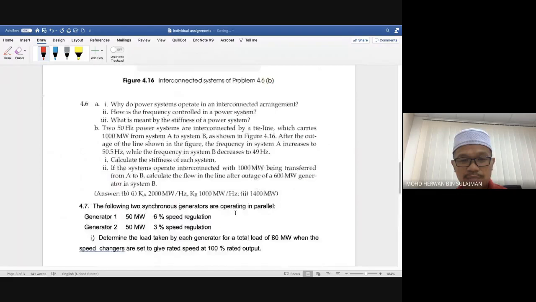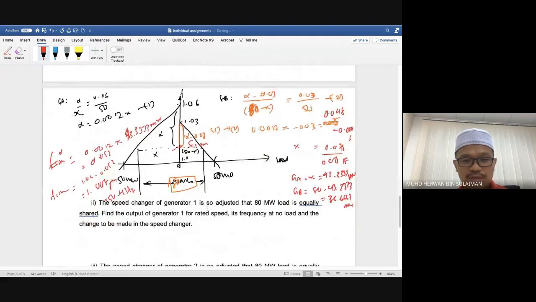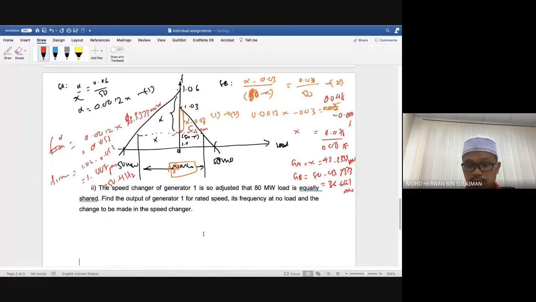Ni soalan ni biasa supposed to be you can do. Now the speed changer of generator 1 is adjusted so that 80 megawatt load is equally shared. Find the output of generator 1 for rated speed, its frequency at no load, and the change to be made in the speed changer. So how to answer this thing? You need to sketch again.